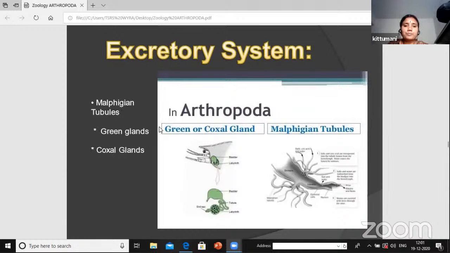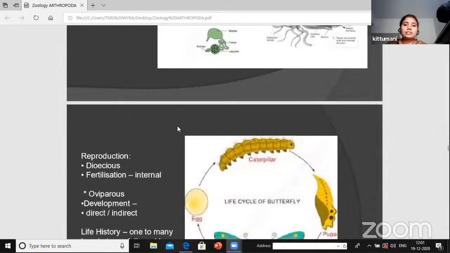These are the different types of excretory organs present in the phylum Arthropoda. Here green or coxal gland, here Malpighian tubules, we will observe. These are the three different excretory organs we will observe in the phylum Arthropoda.